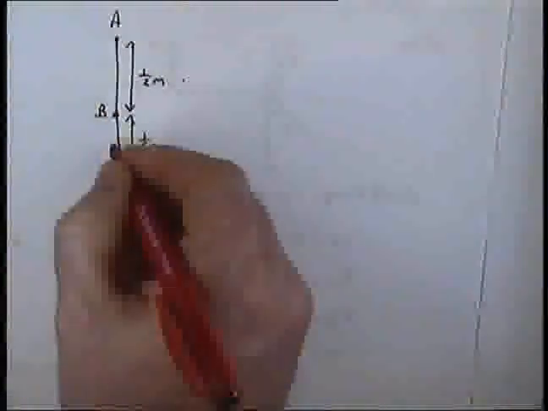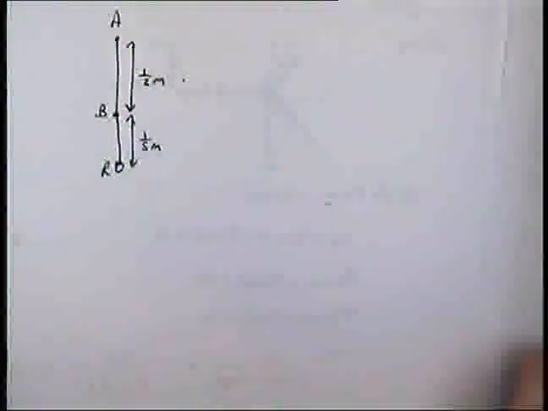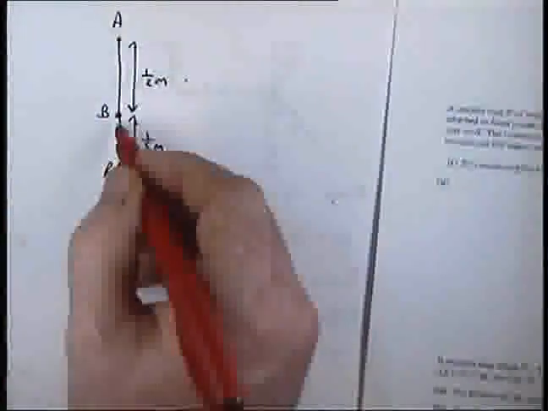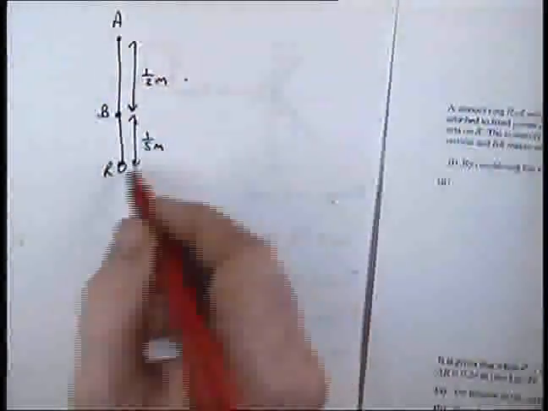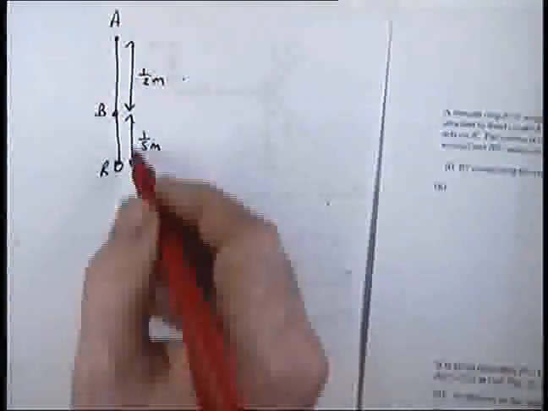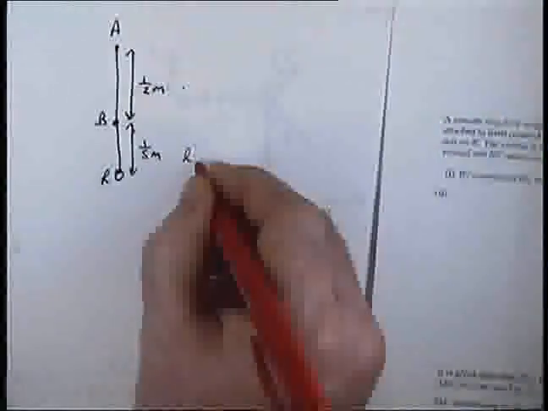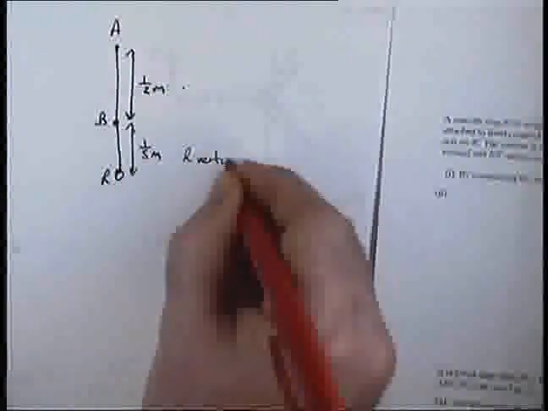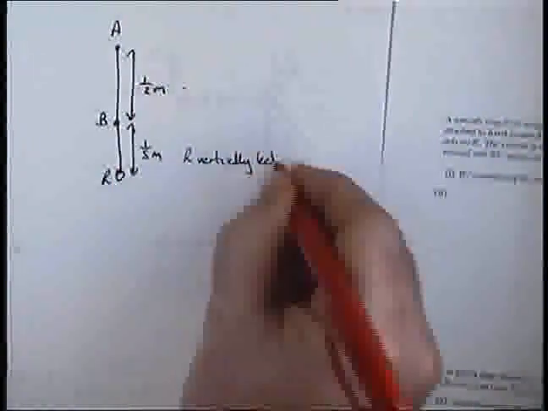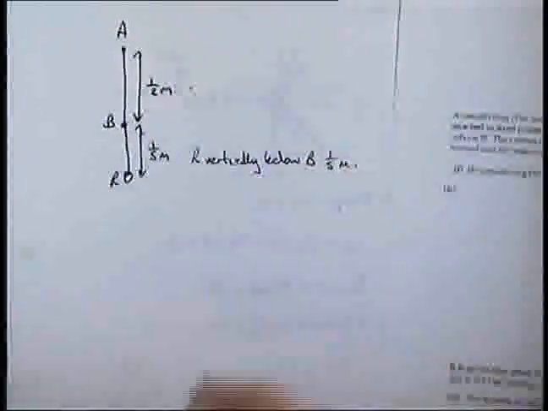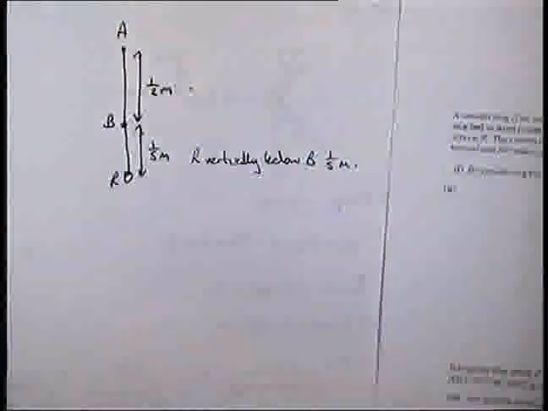If you add together the length of the string and you work out the distance between A and B, you find that AB is half a meter, the length of the string is 0.7 meters, so this is 1/5 of a meter below B. So R hangs vertically below B, 1/5 of a meter below B. Not a very good sentence, but you can see the point.